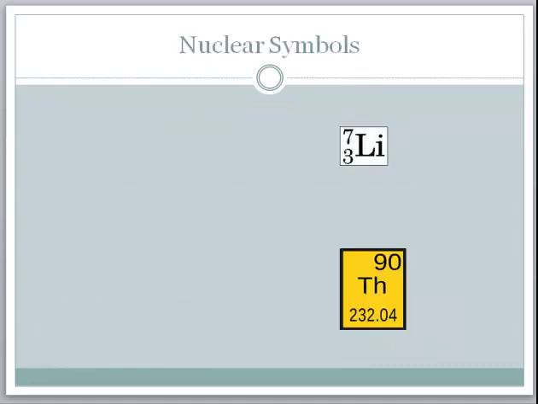Alright, so what we have then, and I've been drawing these throughout, are what we refer to as nuclear symbols. Nuclear symbols can be written a few ways. The first type is this way, where that's the atomic number and that's the mass number. You can also write this like that.